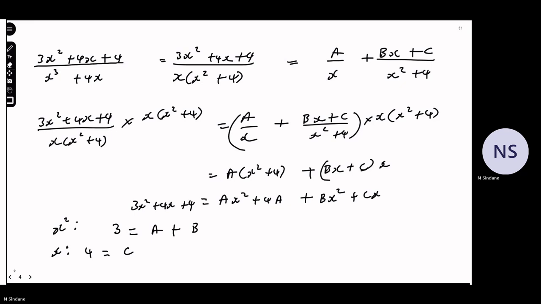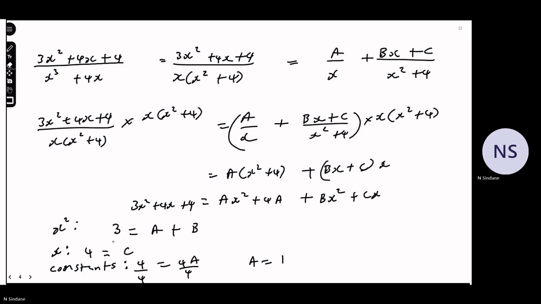Then I'm going to take the constants. The ones that have constants, this side is 4, which is equals to 4a. Then when I divide by 4, I can get the value of a as 1. The value of c is 4. Now I'm looking for the value of b.